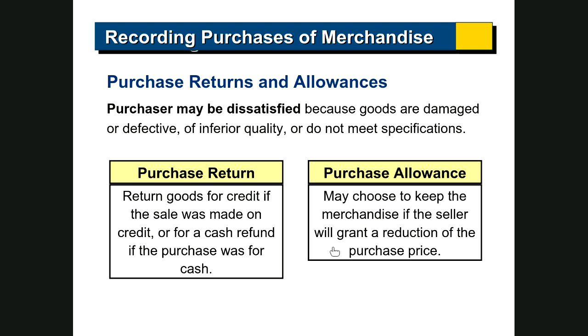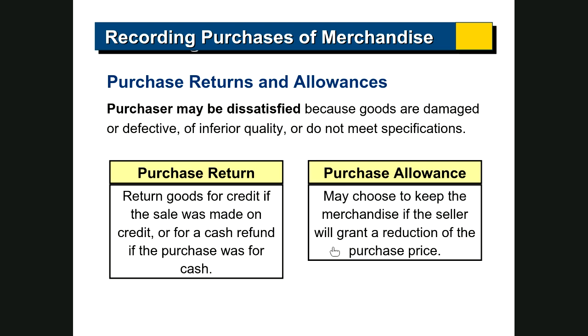So let's say the seller sold you some items and they also shipped. On the way to your location, somehow some of these items got damaged. You take the item, you open the box, and you find some damaged goods. You call the seller and you say, I have some damaged goods.